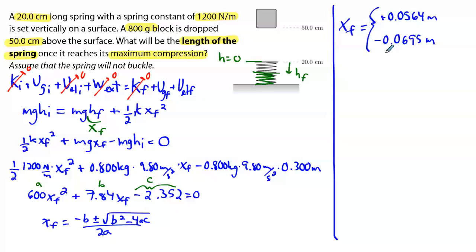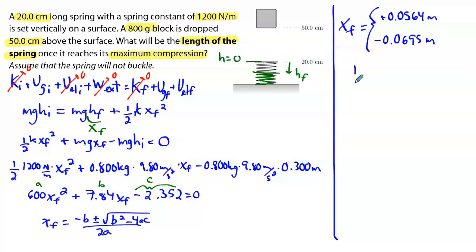It's not necessarily obvious which one you should choose. To figure it out, there are two ways you can see it. Here, I think the easiest is to realize that, because of our choice of h equal to 0, there is a negative amount of potential energy due to gravity at the end, which tells us that h final should be negative.